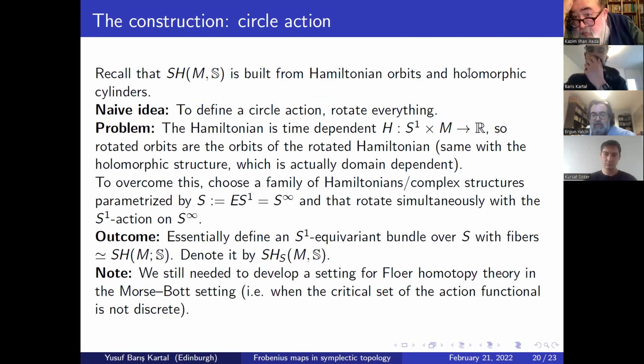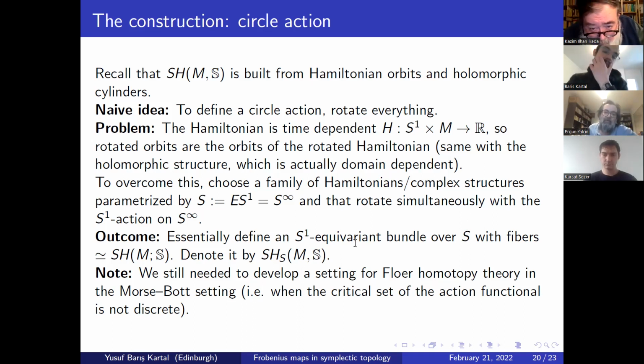You construct these bundles with the purpose to get something by hand. What is this bundle? First, I should say the bundle part is not true, in the sense that we actually use Morse functions on S as well, so it's not exactly correct. But I made this slip.